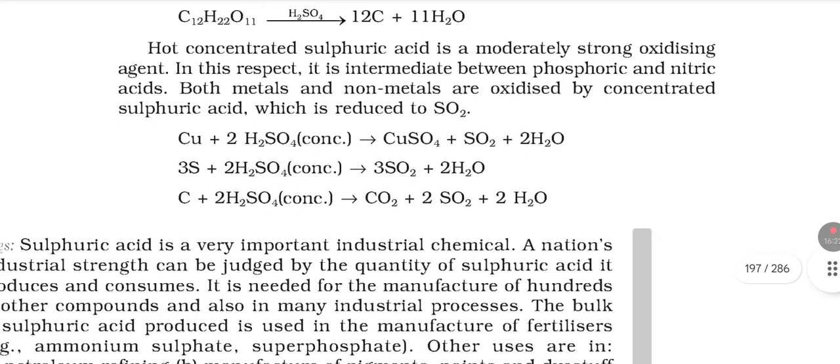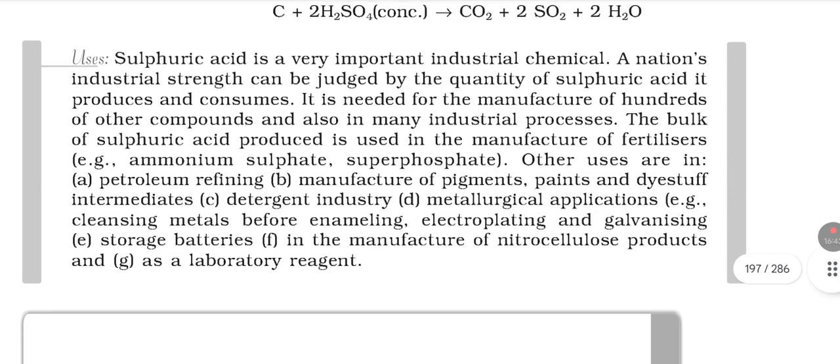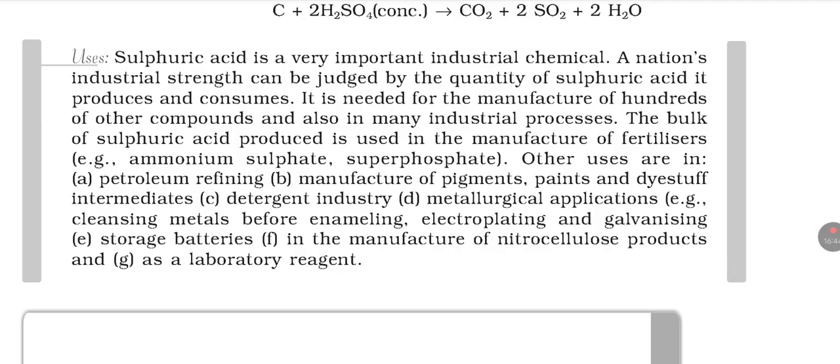Hot concentrated sulfuric acid is a moderately strong oxidizing agent. In this respect, it is intermediate between phosphoric and nitric acid. Both metals and non-metals are oxidized by concentrated sulfuric acid, which is reduced to SO2. Sulfuric acid is a very important industrial chemical.